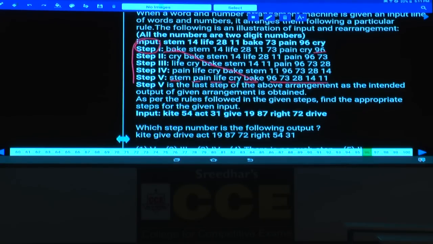And coming to this, 96 shifted to 9th place in step 2, 8th place in step 3, 7th place in step 4, and finally 6th place in step 5. And afterwards, before this bake, cry will be arranged, and before this 96, 73 will be arranged. Again they will be shifted to the right hand side and left hand side. Clear? This is how all these elements will be arranged in 5 steps. Done with this?